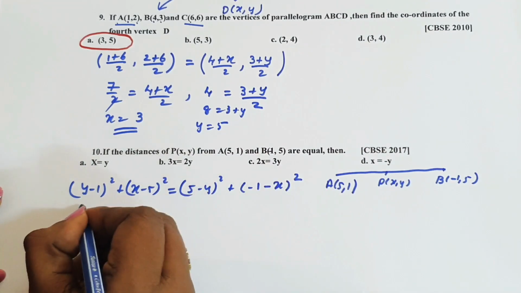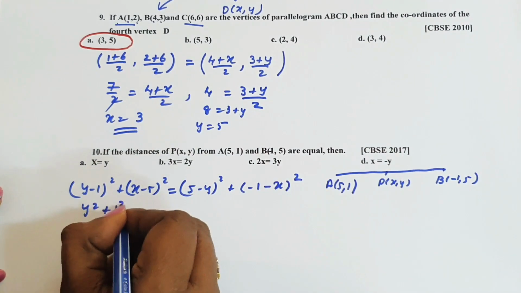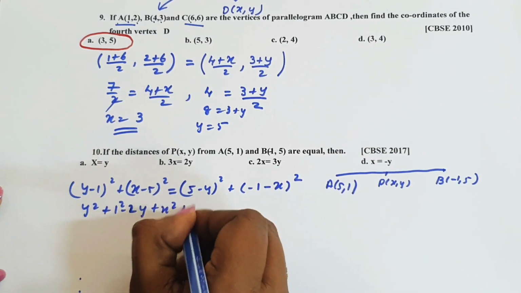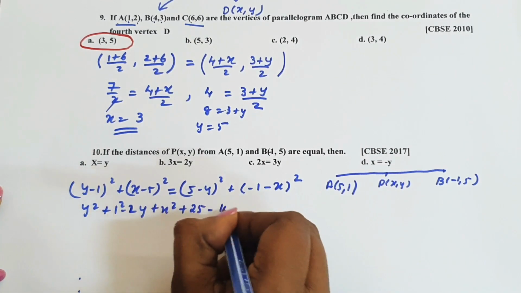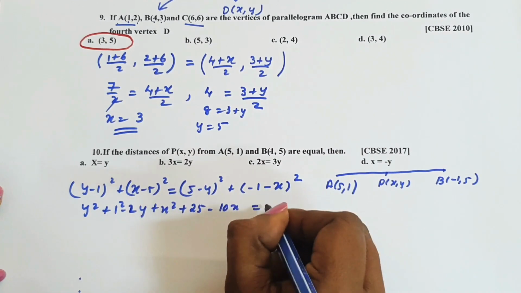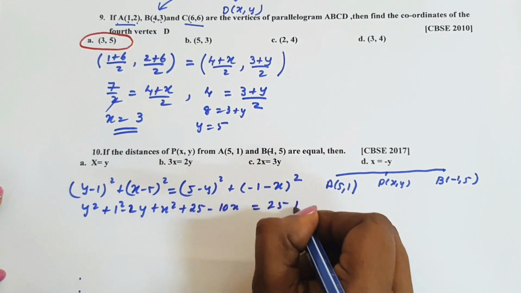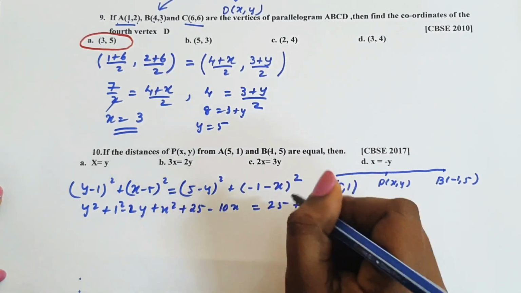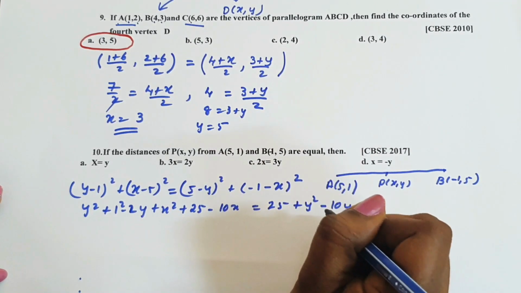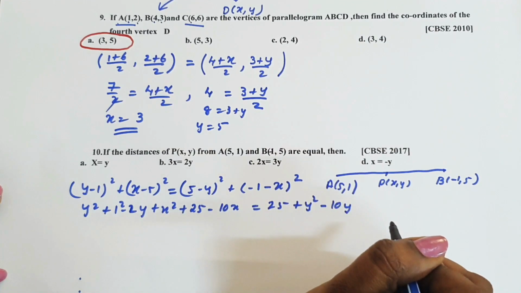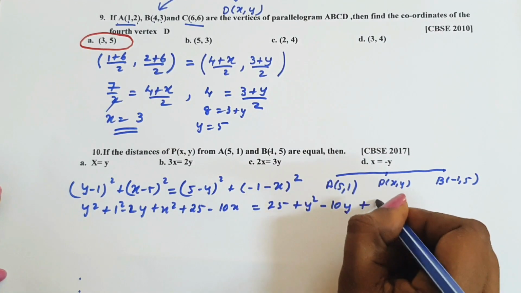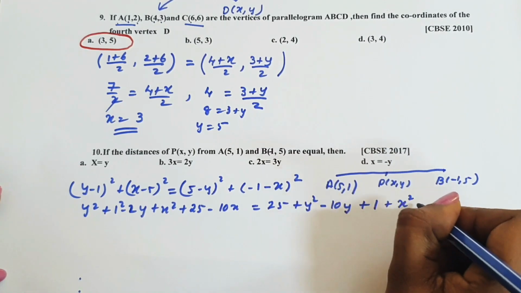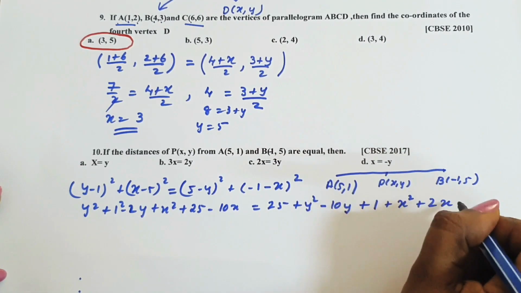Now from here I can write this as y square plus 1 square minus 2y plus x square plus 25 minus 10x, and over here it is 5 square is 25 plus y square minus 10y, and (-1 minus x) the whole square is the same as (1 plus x) the whole square, so that is equal to 1 square plus x square plus 2x.